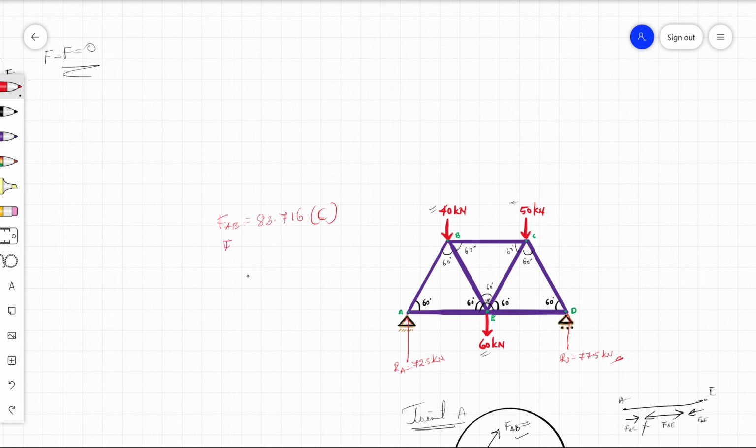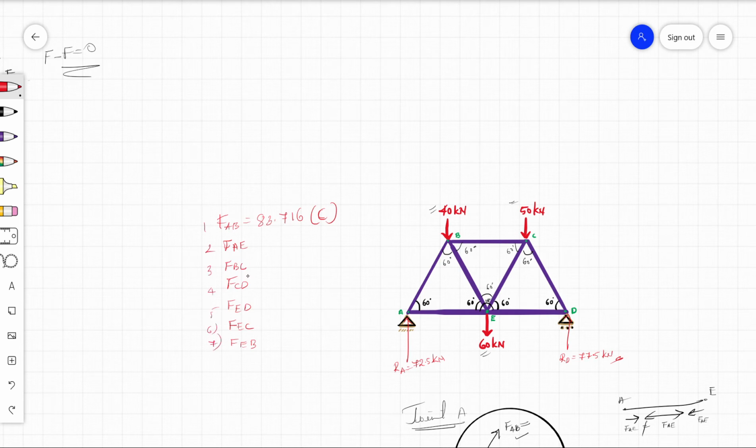Thus we have to find FAE, FBC, FCD, FED, FEC, FEB. That's it. So it should be 7: 1, 2, 3, 4, 5, 6, 7.